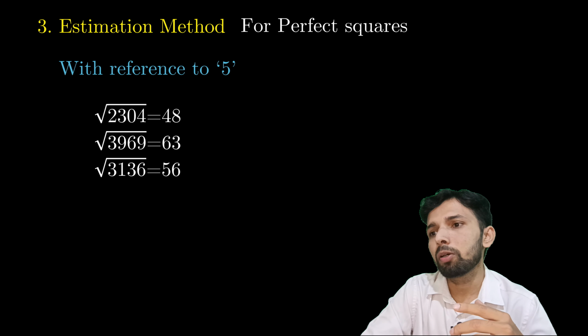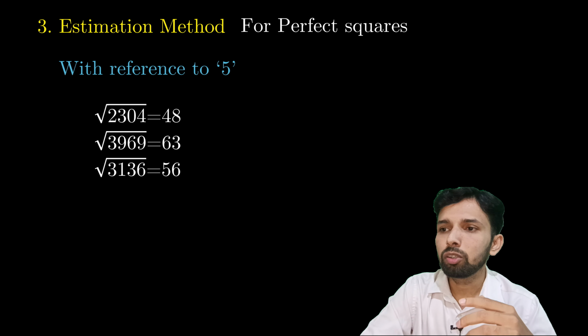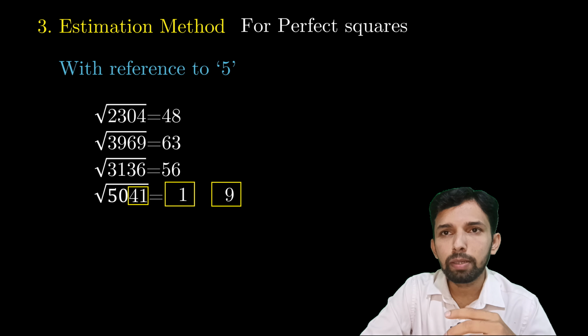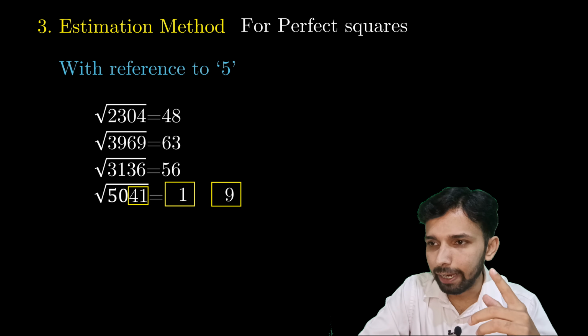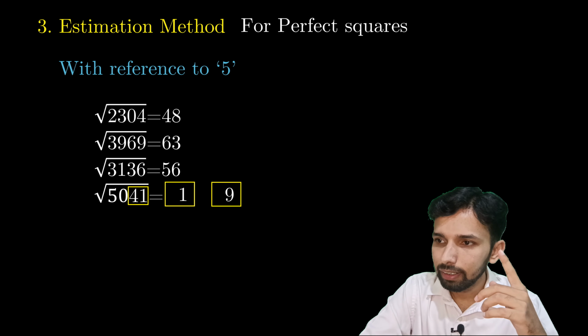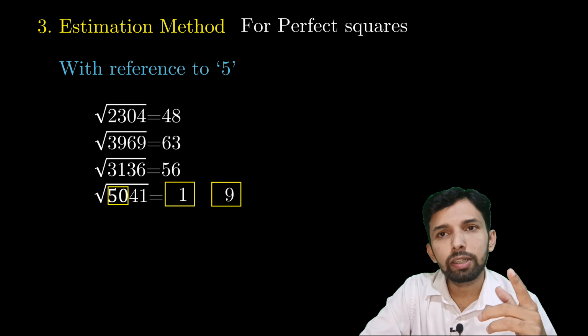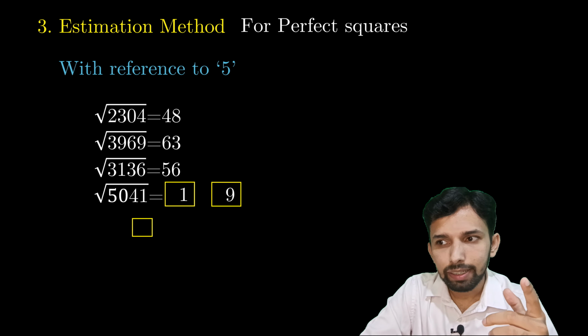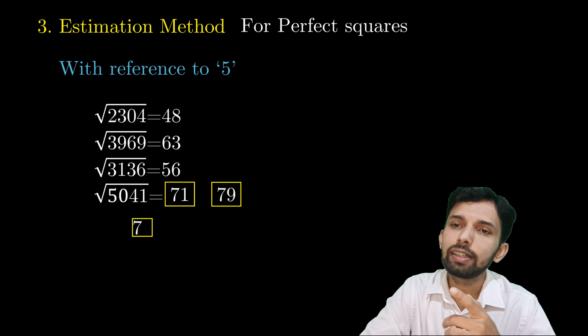Let's talk about the next example, 5041. Here we notice that the two probable answers will be having units place value 1 or 9. The next pair of digits, 50, we notice that the nearest perfect square is 49, the root of which is 7, giving us 7 at the tens place value.